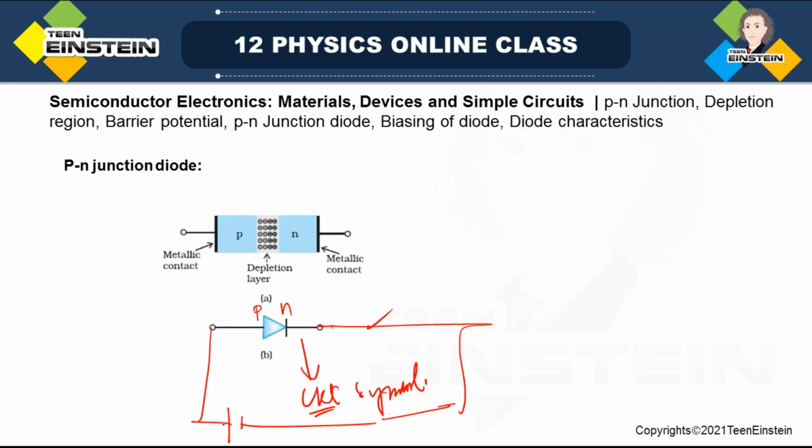So this kind of biasing, when the p side is connected to the positive terminal of the battery and the n side is connected to the negative terminal of the battery, is called forward biasing. Forward biasing.